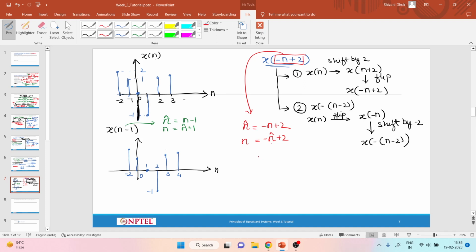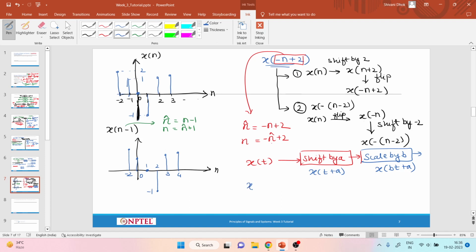If I am having x of t and I am doing this shift by a and then scale your time axis by b, you'll get some output. So what is happening is x of t plus a, and then x of bt plus a.